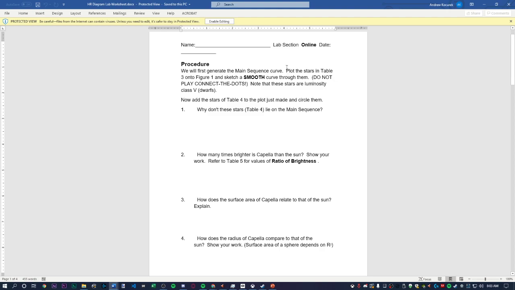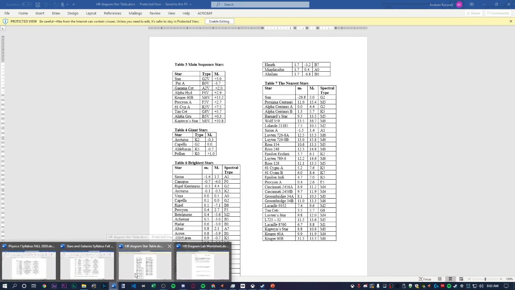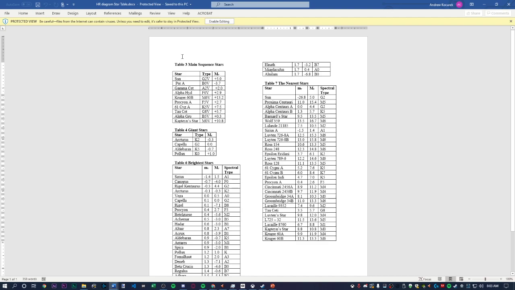All these stars are luminosity class 5 dwarfs, so they are not supergiants or anything like that. Let's see. So plot the stars in table 3. These are table 3 main sequence stars. There's not that many.